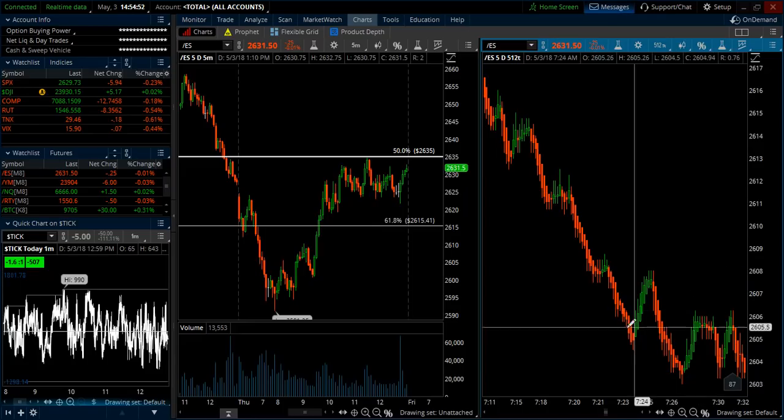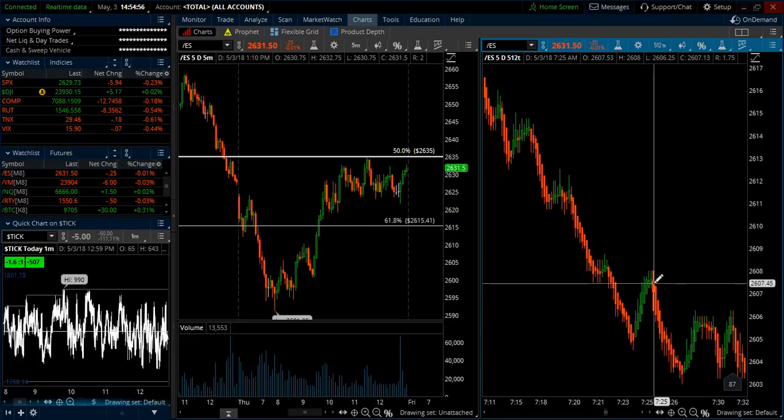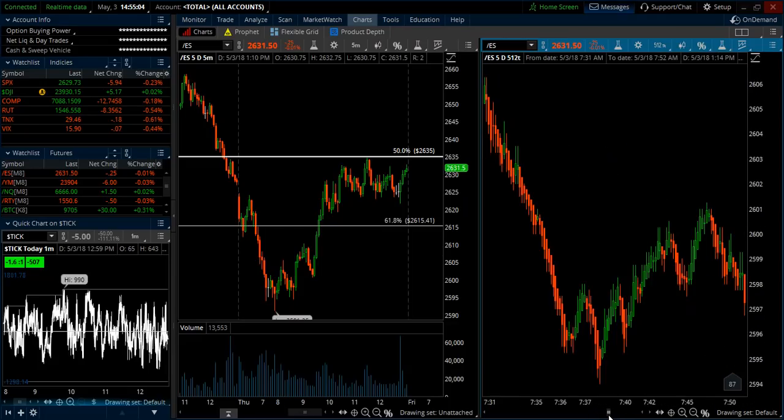I'm not trying to pick a bottom or catch the market as it's diving down. I want to see that movement above the previous swing high, so that the signal is the momentum change. The break of the swing high is the signal for the momentum change.